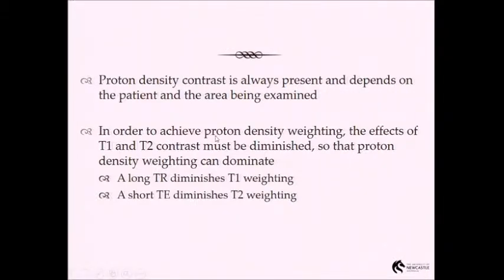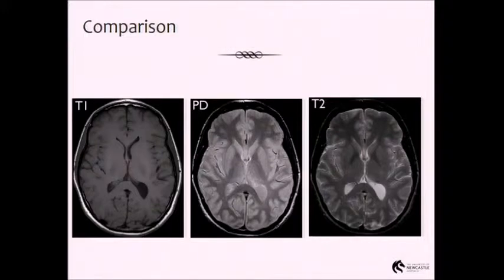So in order to achieve proton density weighting, remember I said before about TR controls T1 weighting and TE controls T2. It's really just about using those factors to minimise the effects from the other two contrast mechanisms. And again, the same image that we looked at before with proton density versus T2.